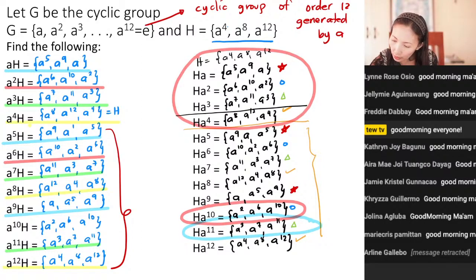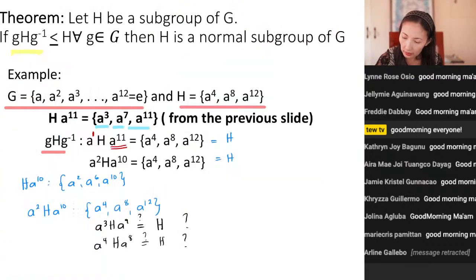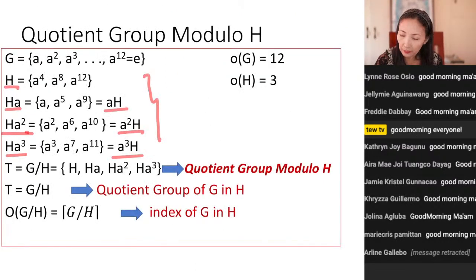Okay, so if we look into all of this, the first, the second, the third, and the fourth, they all comprise, or their union makes up G. So, going back, the quotient group modulo H of G is H, okay, HA, HA squared, and HA cubed.